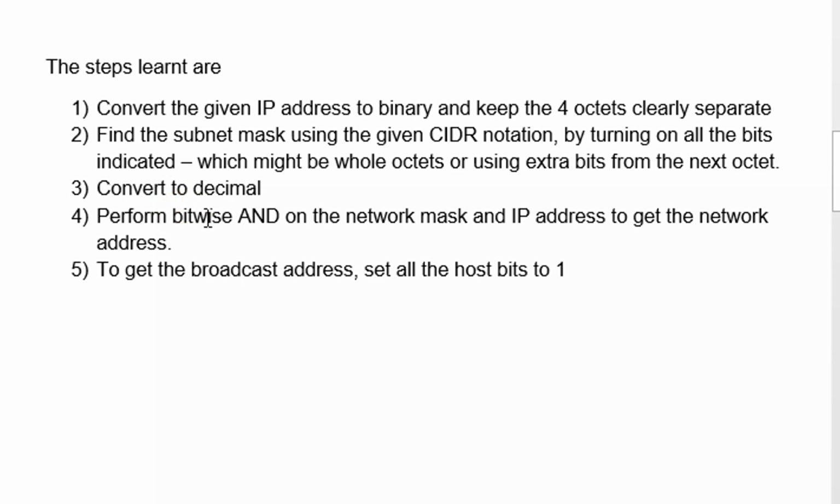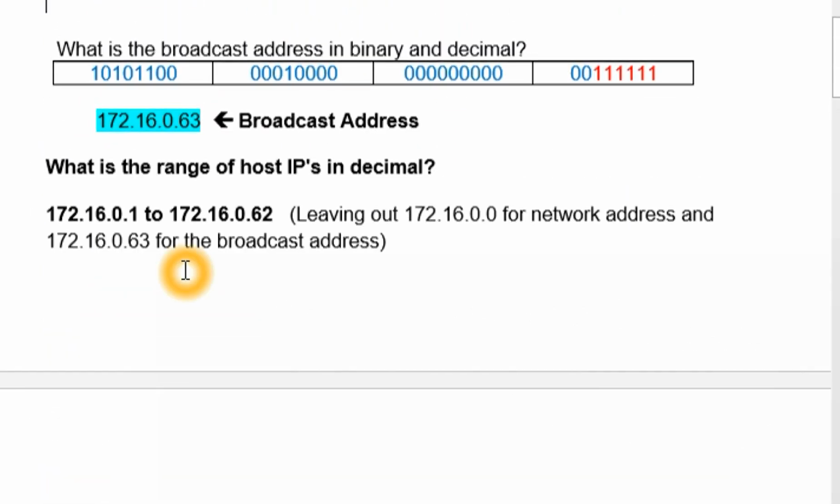Then perform a bitwise AND on the network mask you've just calculated and the given IP address to get the network address. Now to get the broadcast address, set all the host bits to 1. From the result you got, go back here again.